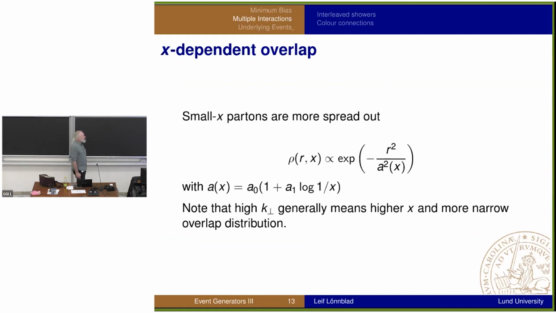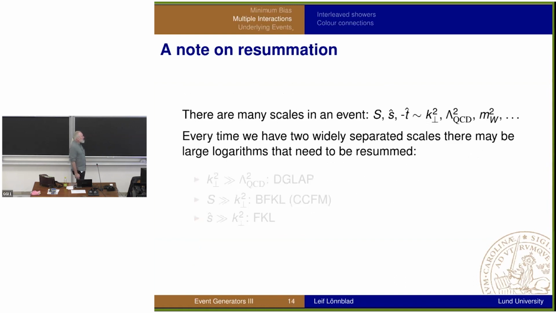Now, before I go on, I need to talk a bit about scales, because it's important, hard scales, where we are. If we look at what can happen at the LHC, we have, of course, a total center of mass energy, 13 TeV, squared. We have the partonic center of mass energy, partonic scattering, which we call s hat.